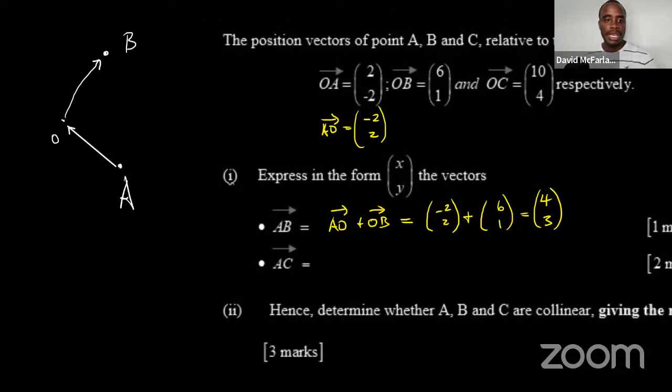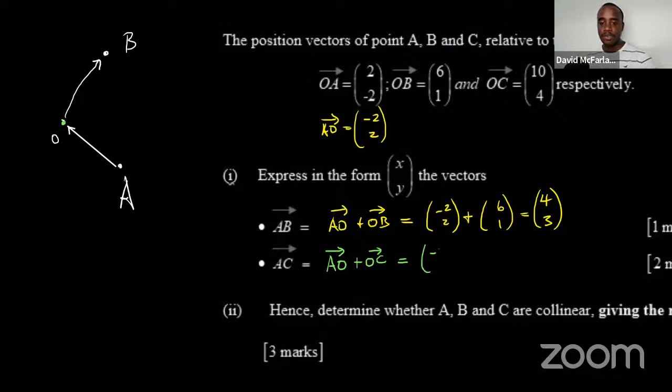Now, what about AC? What is AC going to be equal to? Again, you can think about the origin as a midway point. So first we go to O, AO, and then from O to C, right? Because we don't have AC directly, so we have to figure it out using the information that we have. So AC is AO plus OC.